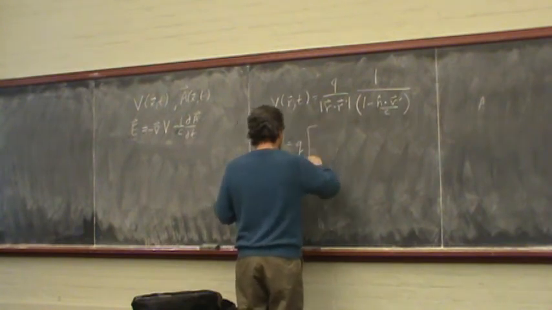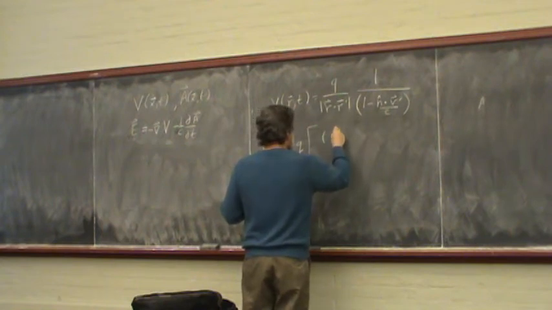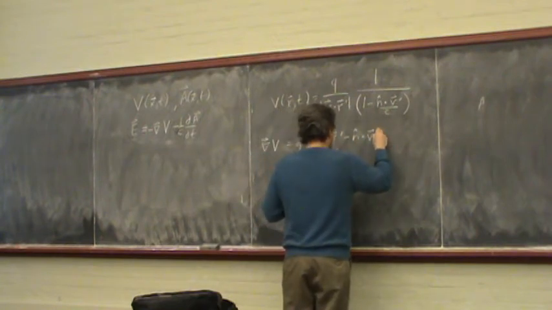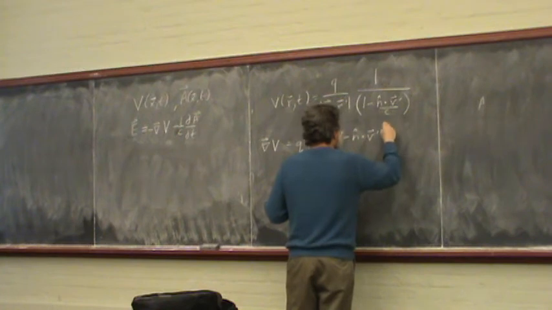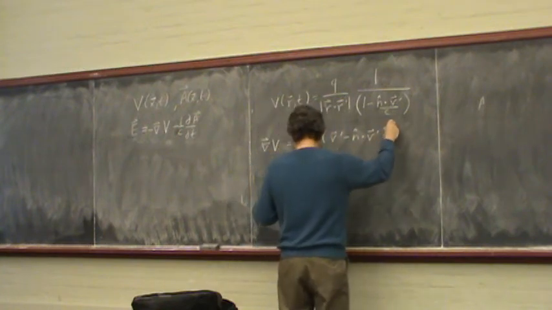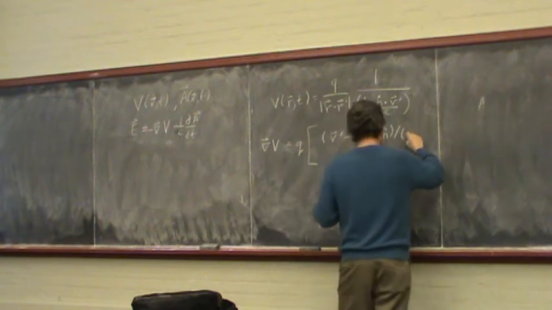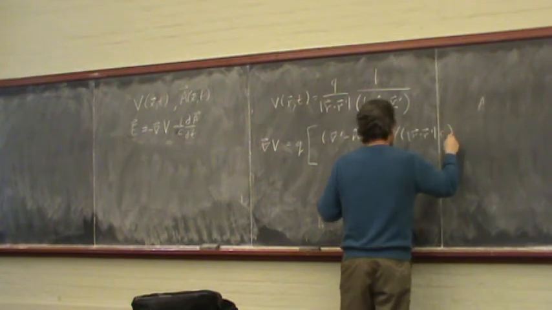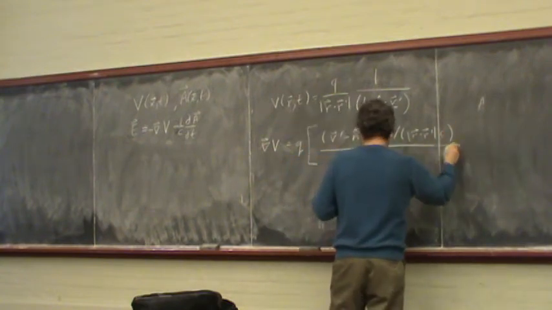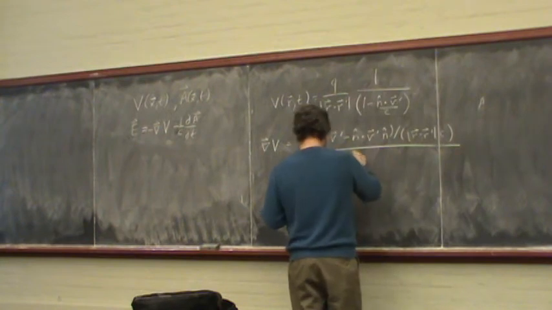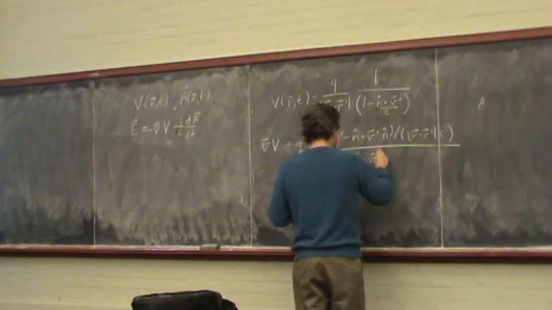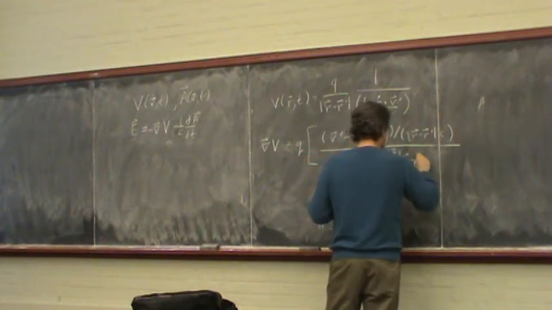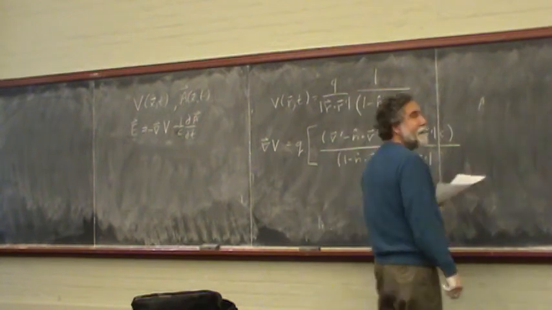Q times b prime minus n hat dot b prime in the direction n hat over... that's the first term.